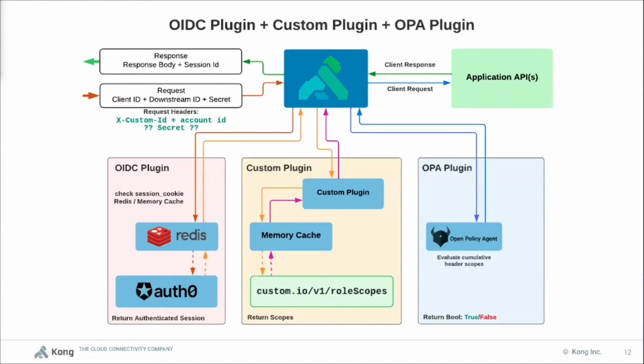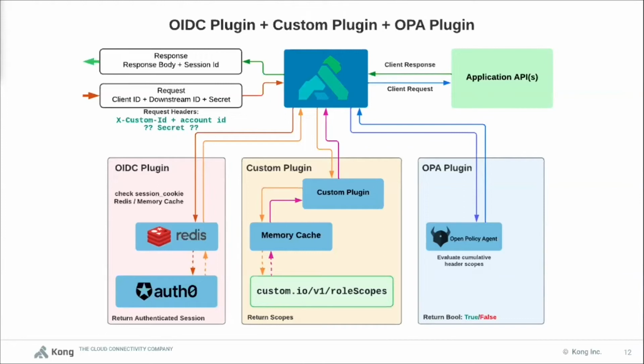So there was a custom plugin need here to actually add, besides just the Auth0, which is the OIDC provider we were using, scopes, so role permissions, from an additional internal API.